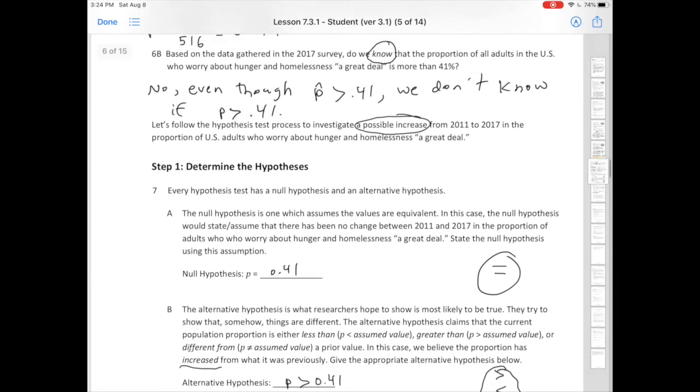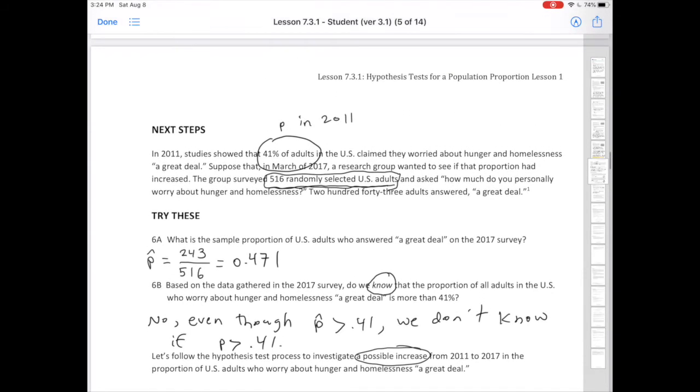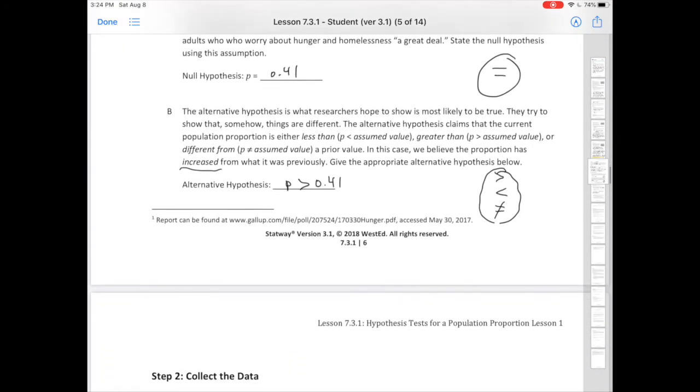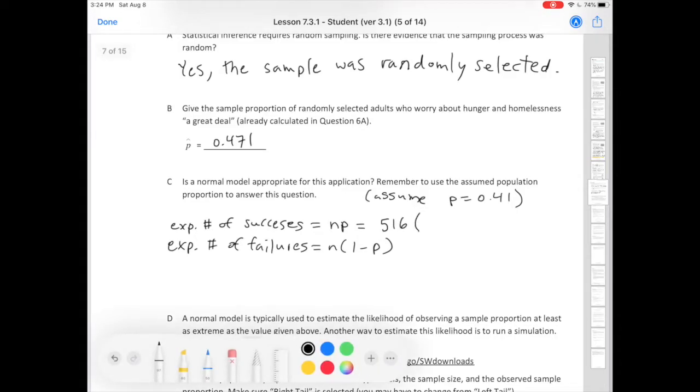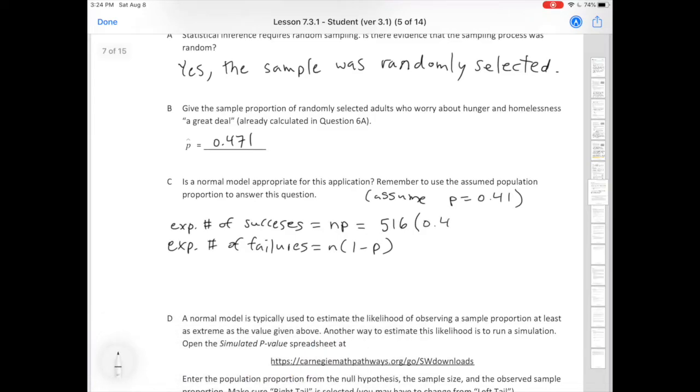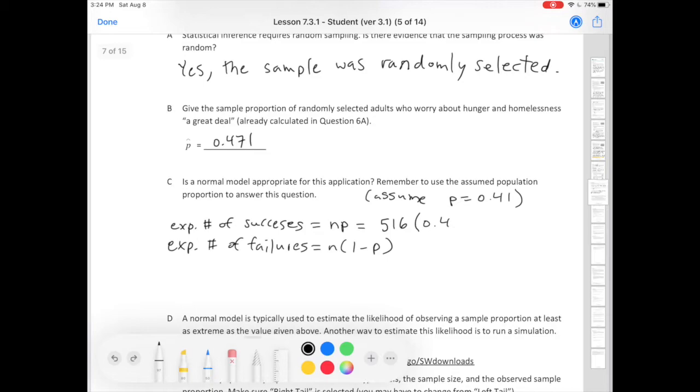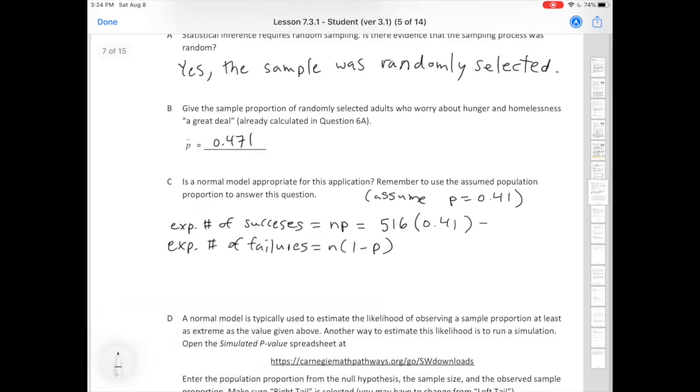So what is n here? What was the sample size? It says that they sampled 516 people. So this is going to be 516 times 0.41. If I do that in my calculator, 516 times 0.41, I get 211.56.